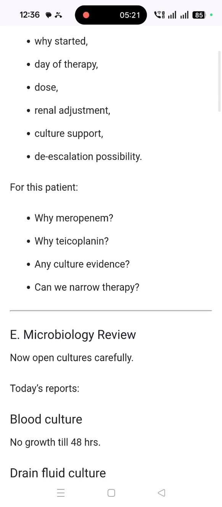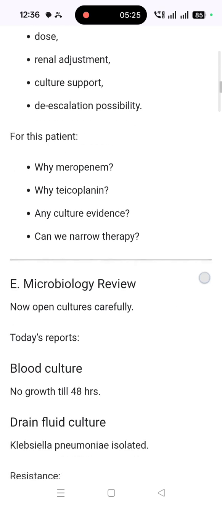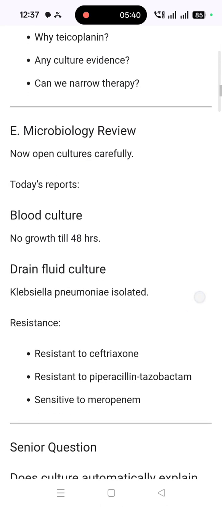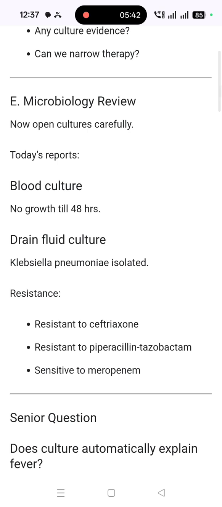Culture support, de-escalation possibility: if it is there, then go for it. For this patient, you should see why meropenem, why teicoplanin. If any culture evidence is there, can we narrow the therapy, because you are giving carbapenems here. These are broad spectrum.